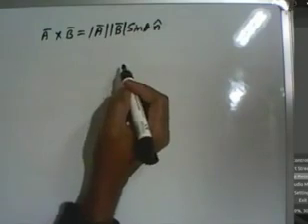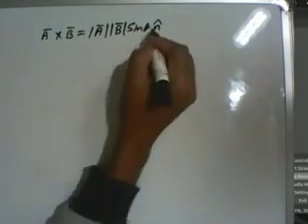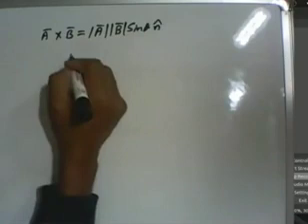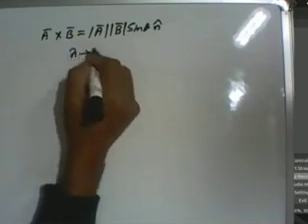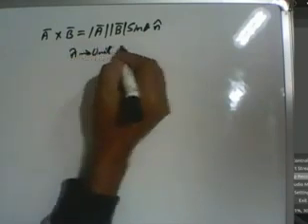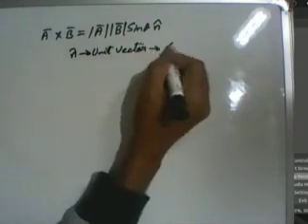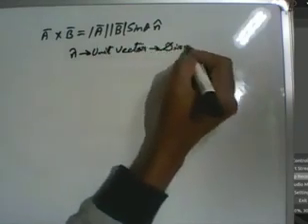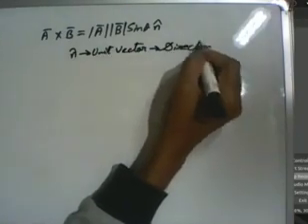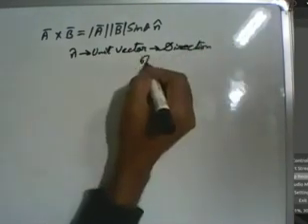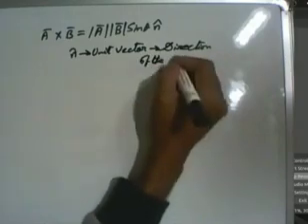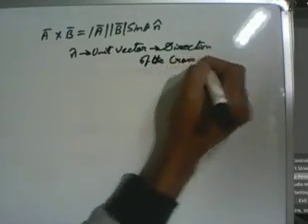The cross product of two vectors is a vector, and this n is a unit vector, which gives the direction of the cross product.